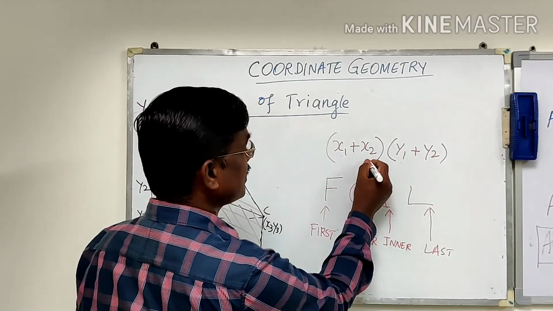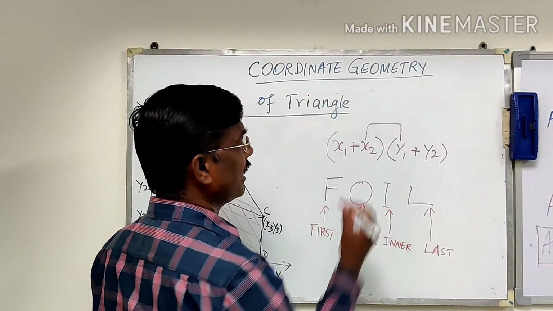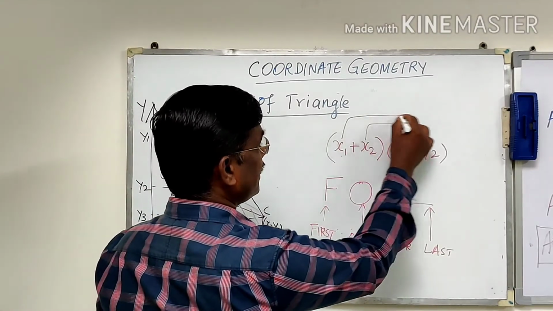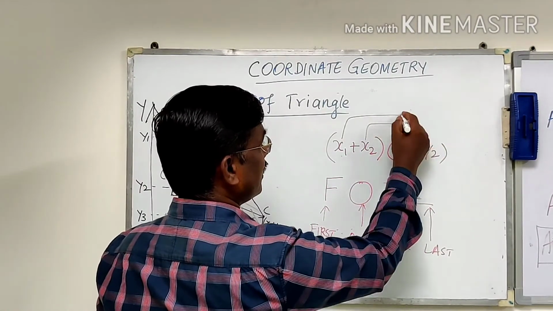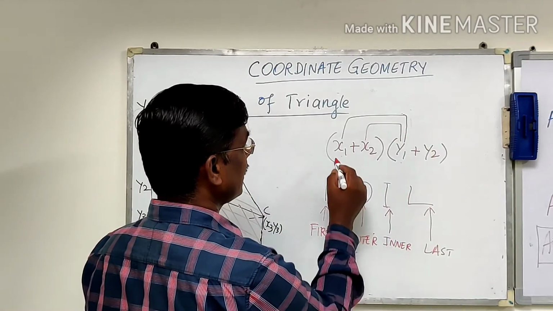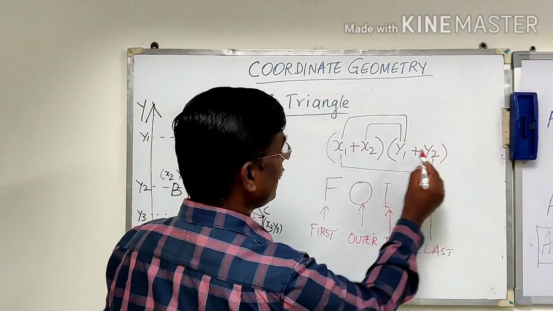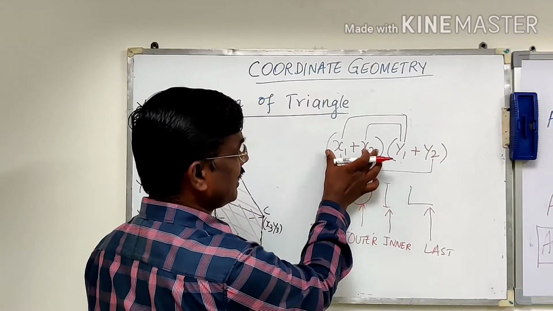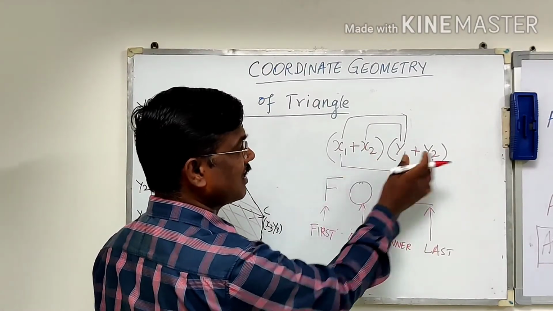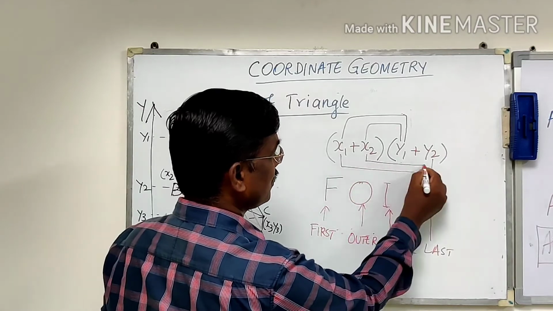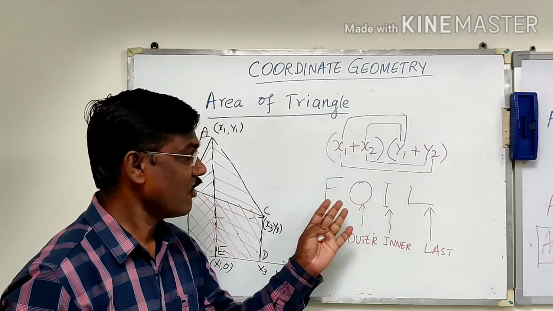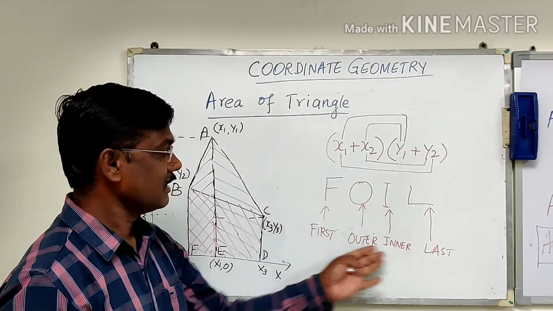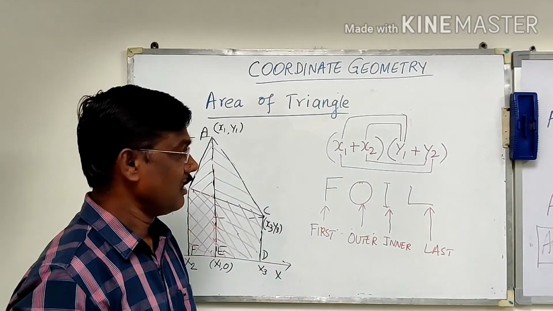Then inner terms. So these two are inner terms. Then last. Here x2 is the last, and here y2 is the last. This is how we have to multiply, and this method is called the FOIL method.